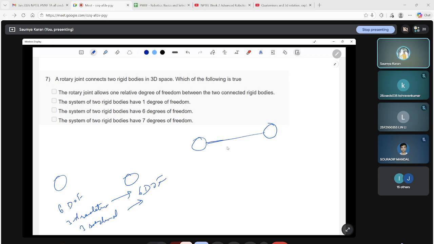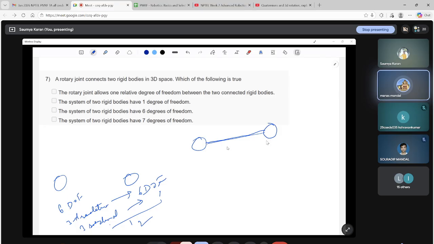But if they are connected, what would be true? 6 plus 1 degree of freedom. Okay, and why do you say that? 6 plus 1, 7 degrees of freedom. Why would you say that? What is your logic behind it?